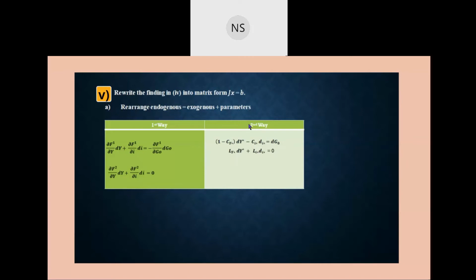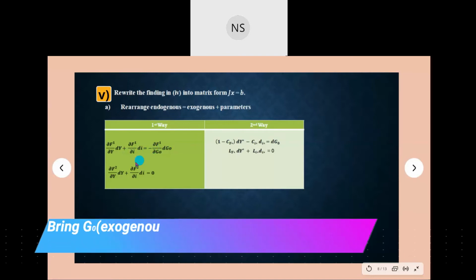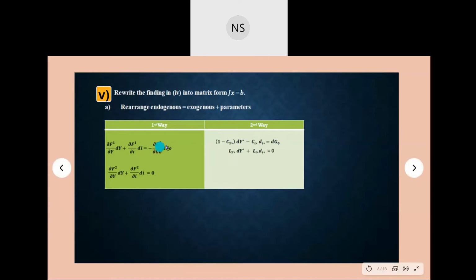For the first way, delta F1 divided by delta Y dy plus delta F1 divided by delta I di equal to negative delta F1 divided by delta G null dG null. Why is it negative? Because G null is exogenous, so we have to bring it to the other side. For equation 2, it is the same as the previous answer: delta F2 divided by delta Y dy plus delta F2 divided by delta I di equal to 0.